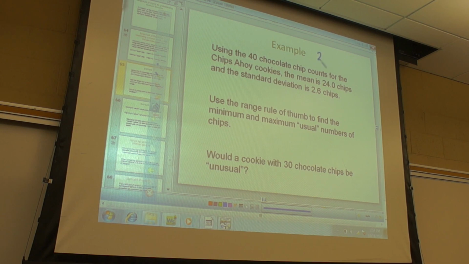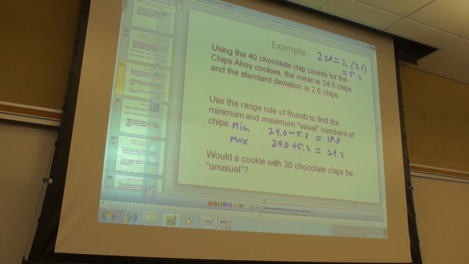So I'm going to find 2 standard deviations. That's 2 times 2.6, 5.2. So my min is going to be 24.0 minus 5.2, and my max is going to be 24.0 plus 5.2. 18.8, 29.2.